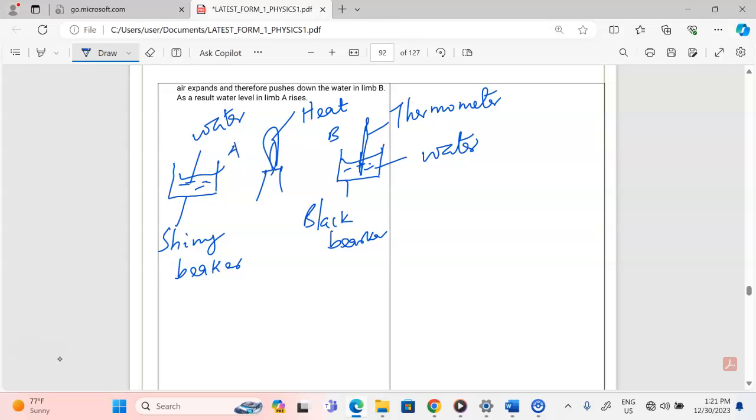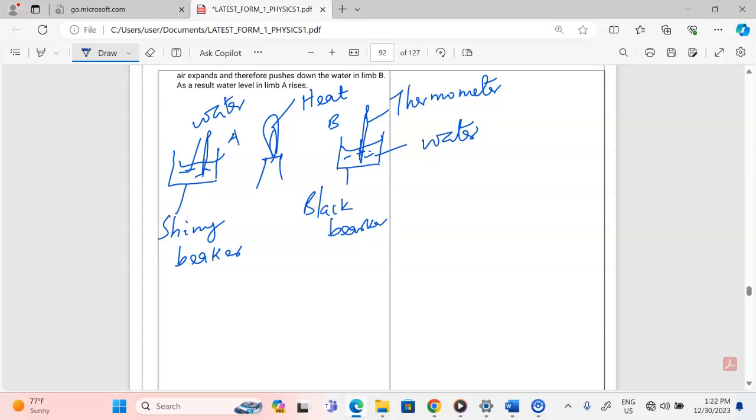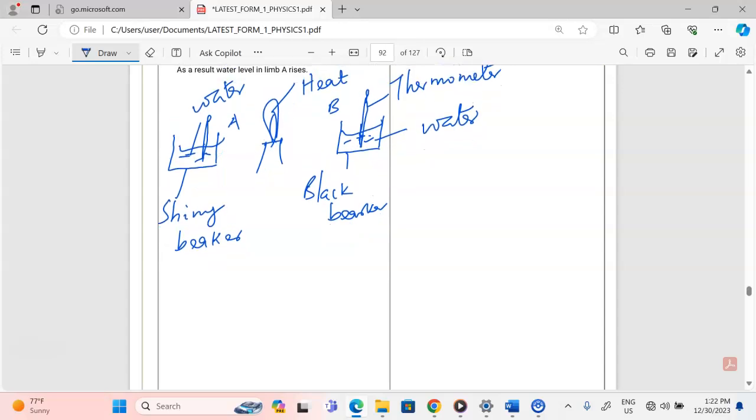Then you are told by an examiner to state the thermometer, because inside A we will still have a thermometer. Let's say we have a thermometer here. So you are told to state the thermometer which will have a higher temperature after 10 minutes.